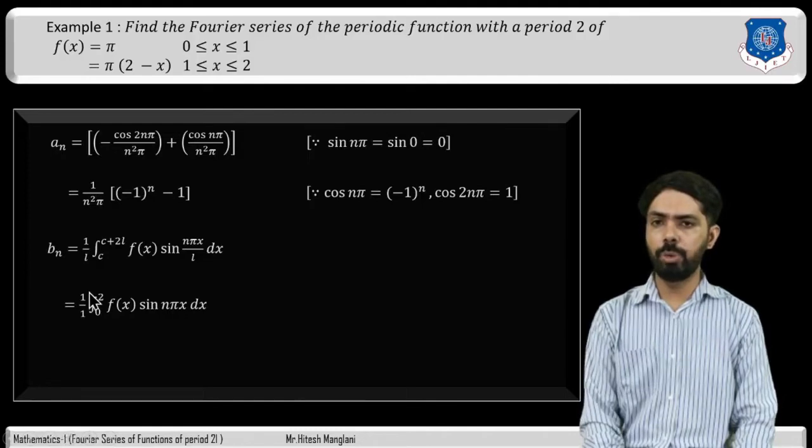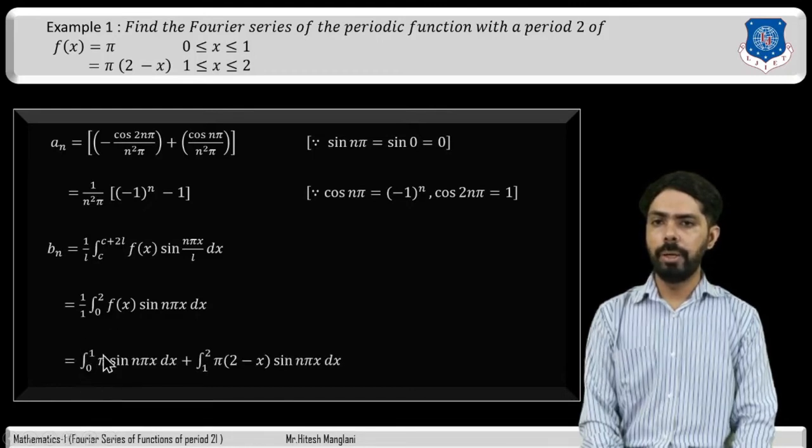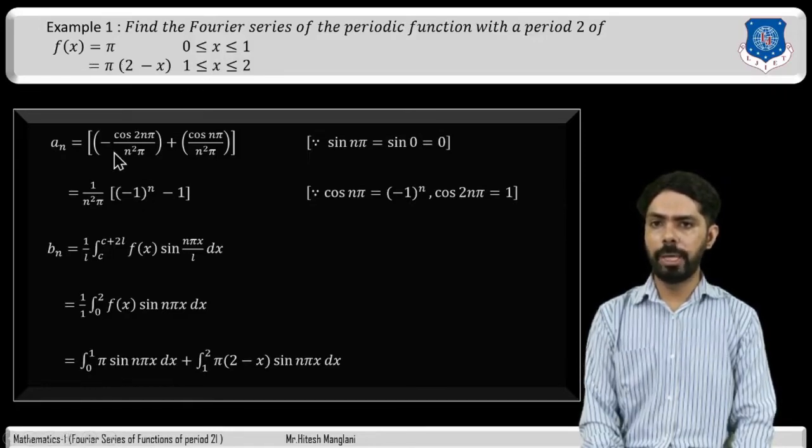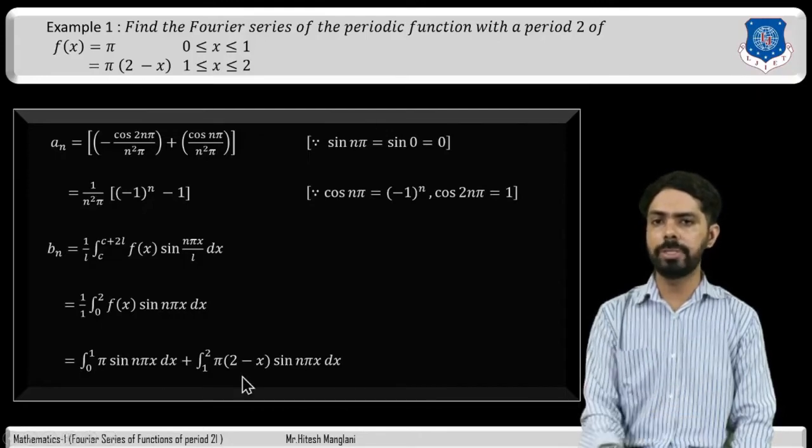Now integration 0 to 2 of f of x sin n pi x dx is divided into integration 0 to 1 pi into sin n pi x dx, because when x varies from 0 to 1 then f of x is pi, therefore we replace f of x by pi, plus integration 1 to 2 pi into 2 minus x sin n pi x dx, because for this interval the value of f of x is pi into 2 minus x.